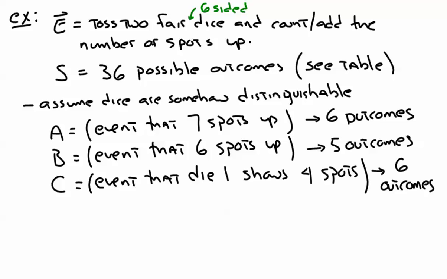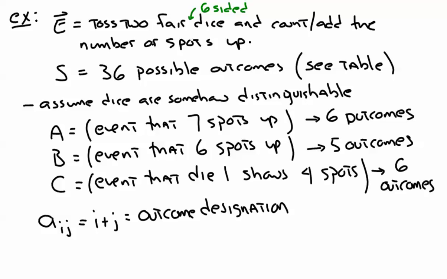We're going to use the following notation. A sub i j equals i plus j, and this is an outcome designation.